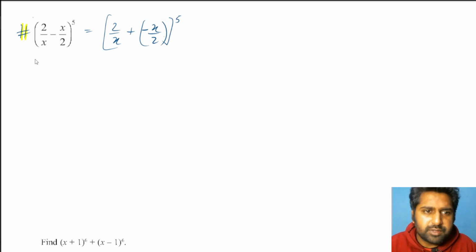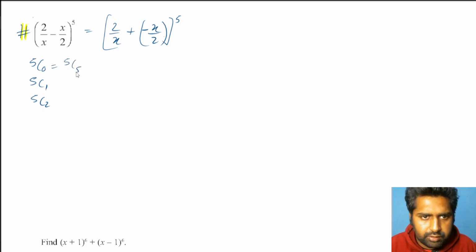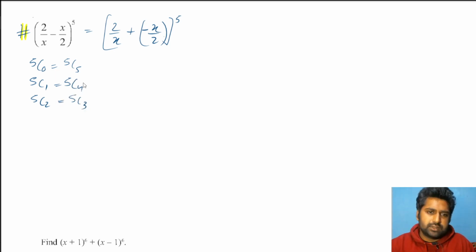So power 5, that means we have to start with 5c0, 5c1, 5c2. See, 5c0 is 5c5 also. Use the property nCr is nC(n minus r). So 5c5 minus 0, 5c5 minus 1 is 4, 5c2 is 5c3. So we have to basically calculate these three.